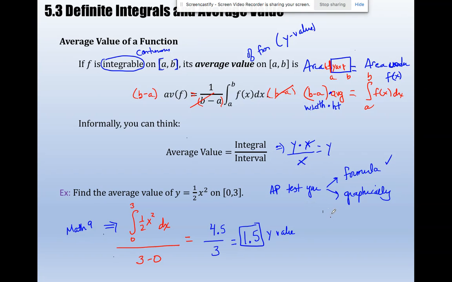Here's how AP is going to ask you to graphically show what the y average is. There's f of x, right? My heights come from 1/2 x squared going from 0 to 3. The integral is that area. That's 4.5.